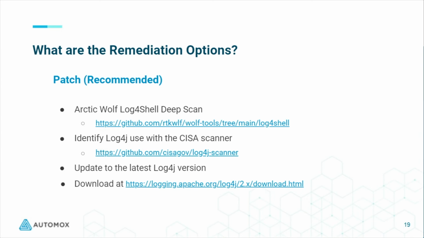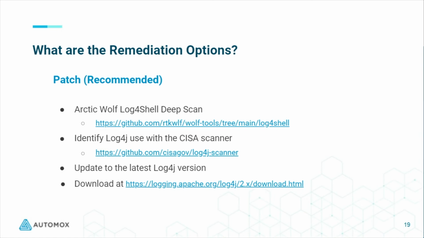If you use the Arctic Wolf Deep Scan, they provide a PowerShell and Bash script within their GitHub that you can upload into an Automox worklet and execute remotely on devices. This will identify any devices that are currently infected by the Log4j exploit and post a response in the activity log. Just really quickly, I want to show you what that looks like with Automox so you can identify and remediate through your existing tools.